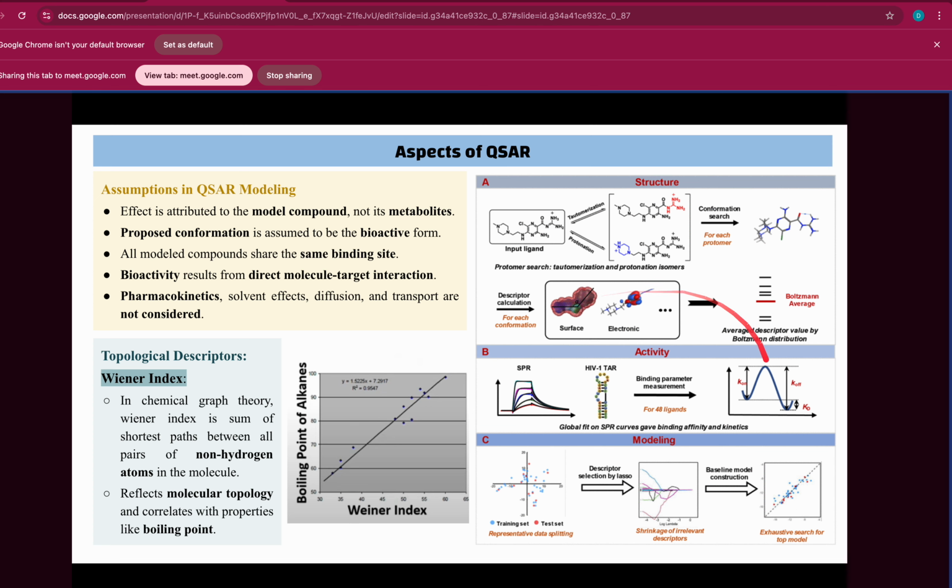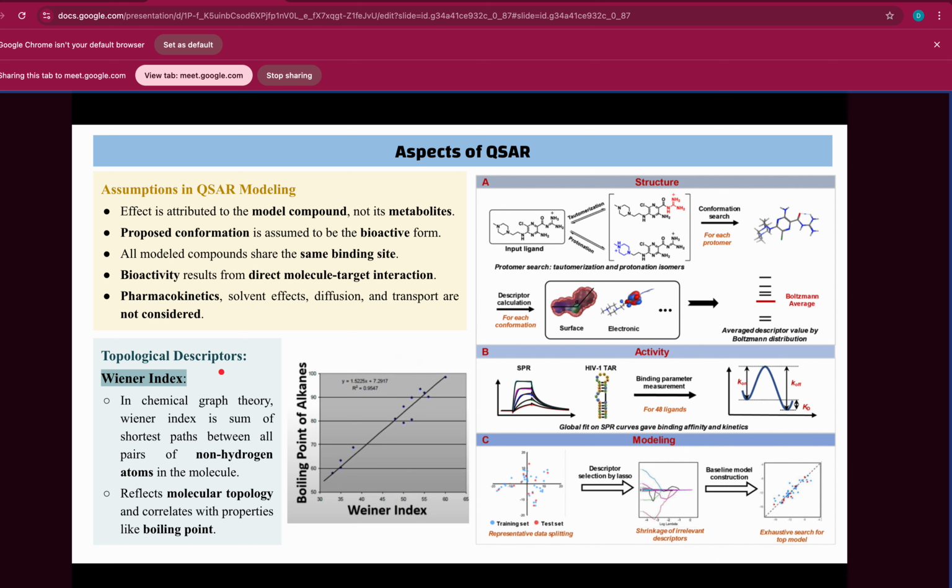So this is the overview of QSAR, which we have already discussed in a previous slide as well. This is just a revision, you can say. So in this way modeling is done, and this is how QSAR models are developed and how we can predict the activity of unknown compounds.